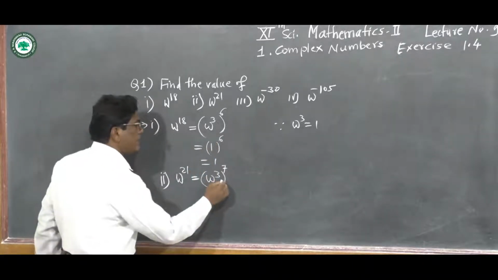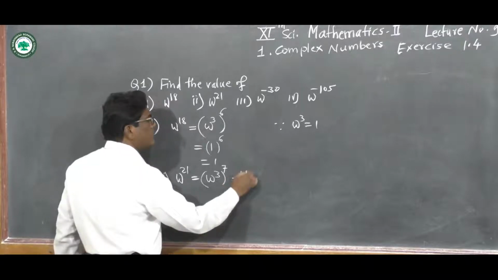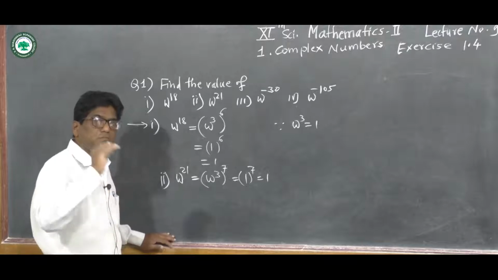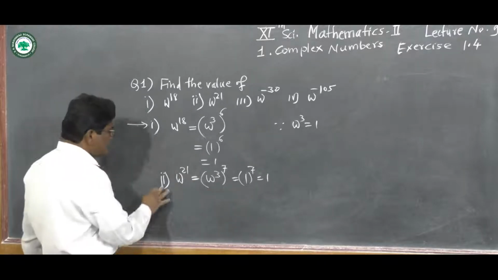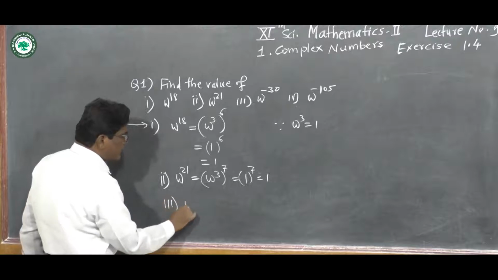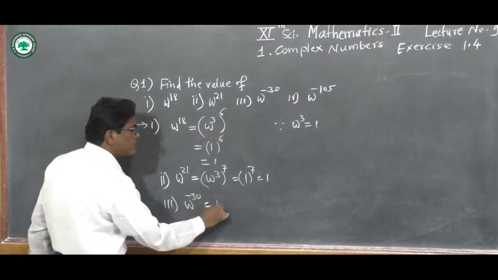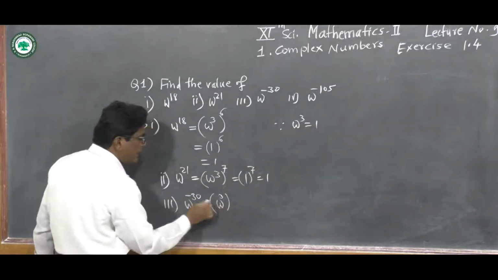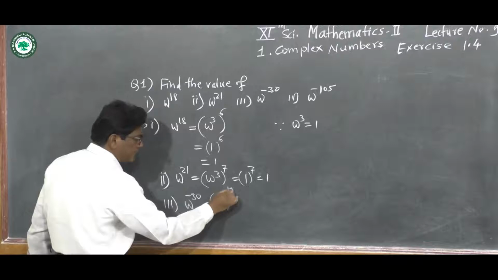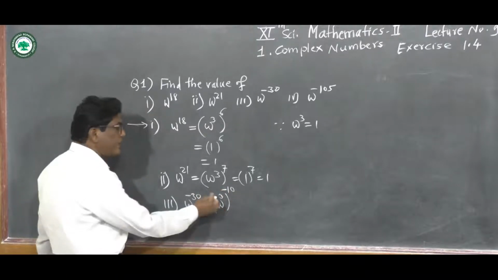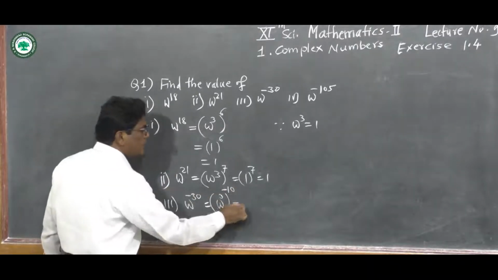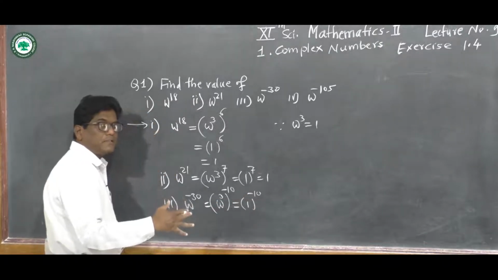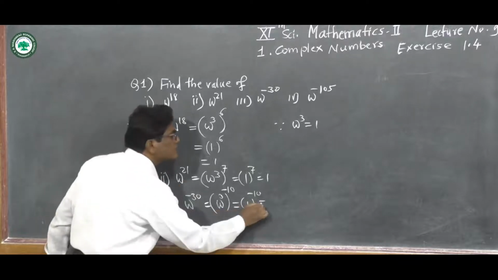So we get omega cube as 1 and 1 to the power 7 is again 1. 1 to the power anything, whether 0, positive number, negative number, it is 1. Next, third, omega to the power minus 30. Firstly write omega to the power 3 because we know that omega cube is 1, and 3 tens are 30. Here take minus, so 3 into minus 10 is minus 30. Now again omega cube is 1, 1 to the power minus 10. 1 to the power anything, positive, negative, 0, it is 1. So it is equal to 1.